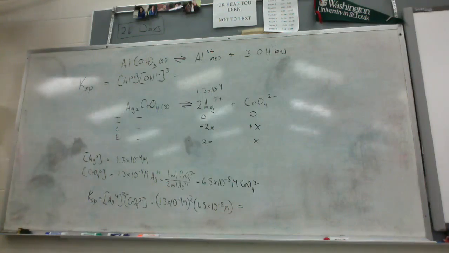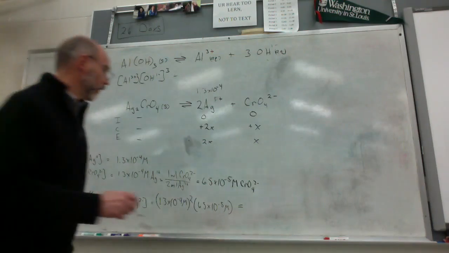What'd you get? 8.45 something like that, but... oh, sorry. I was going to say, I didn't get that. Maybe I did. I got 1.1 times 10 to the negative 12. Same. That's what I got. You just forgot to square it, possibly? Yep. So 1.1 times 10 to the negative 12.